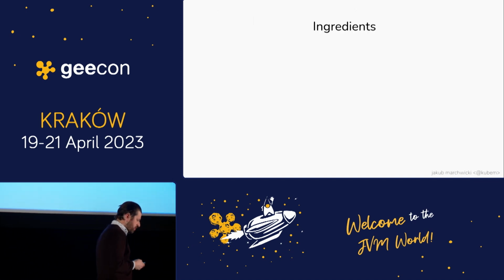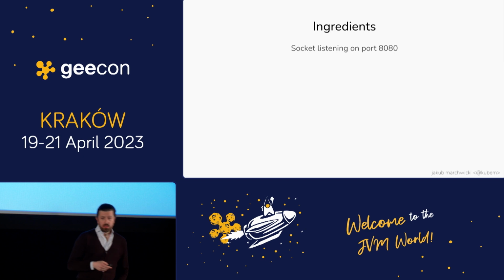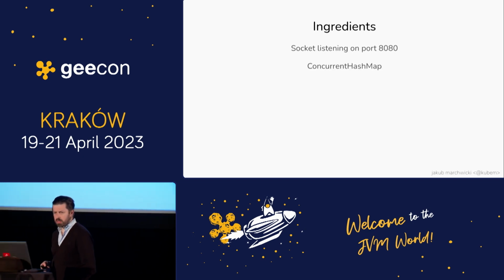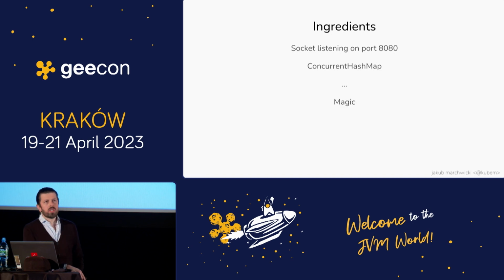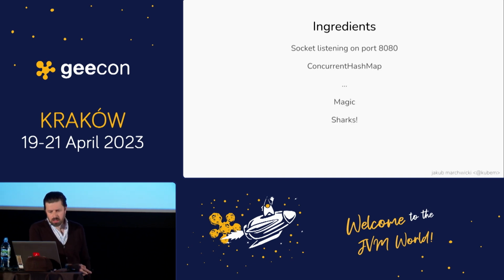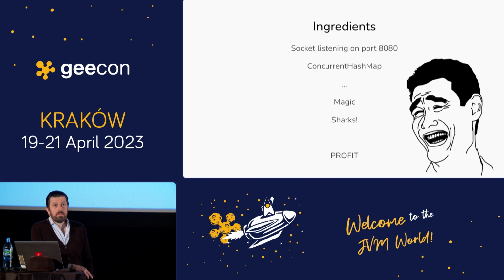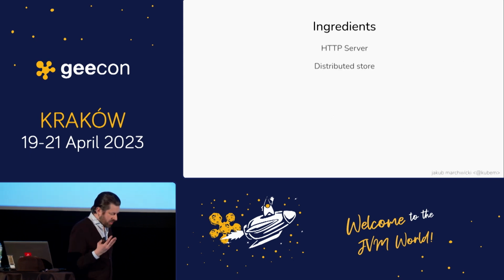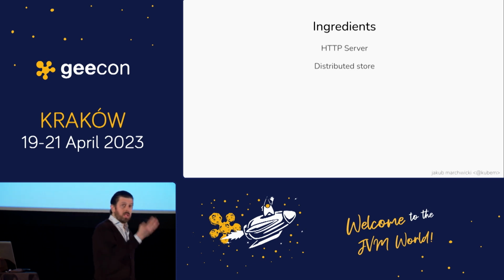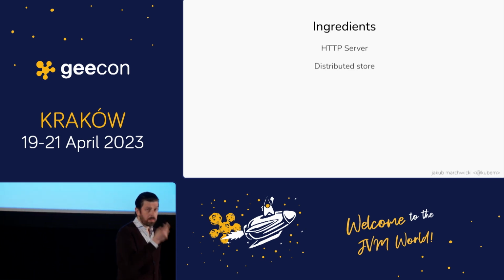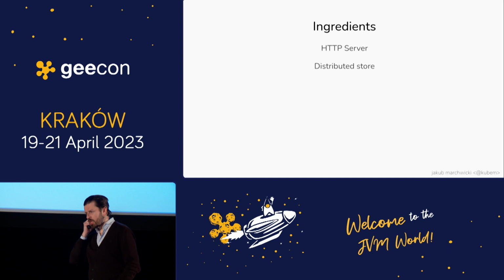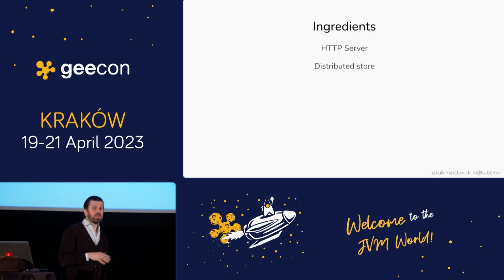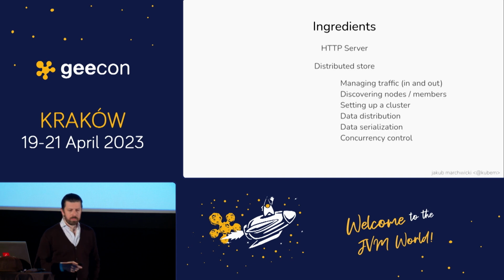So what we'll need. We'll need to listen at port 8080. We'll probably need a ConcurrentHashMap, some magic, some sharks, and then we are done. That's not that easy. We'll clearly need an HTTP server, something that listens to HTTP, or build something that listens to HTTP traffic, and then build a distributed store, something where the data we've stored is distributed among all the members.